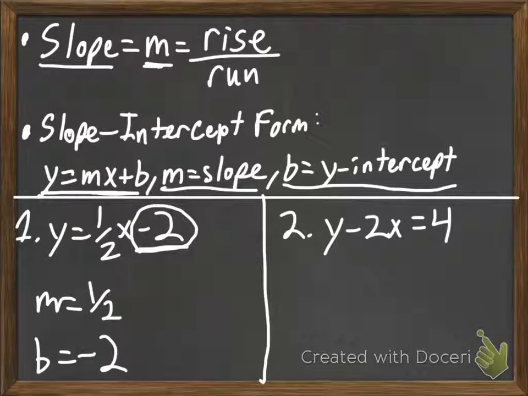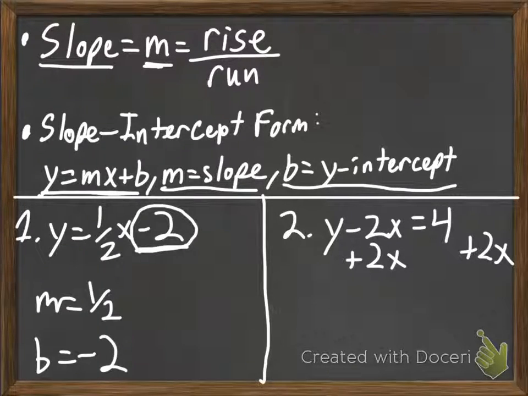So I want you to look over here now. Number 2, y minus 2x equals 4. We have kind of an issue right now because it's not in slope-intercept form. So what we need to do is make it be in slope-intercept form. For it to be in slope-intercept form, the y has to be by itself. So what we need to do is move this -2x. To move a minus 2x, we're going to add 2x.